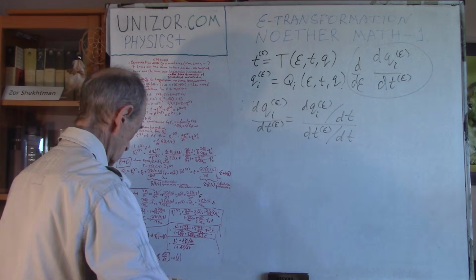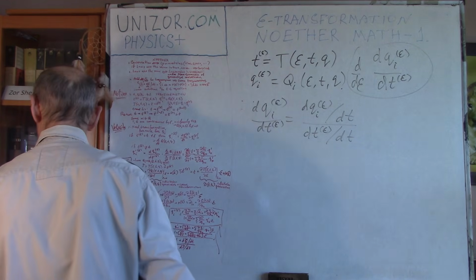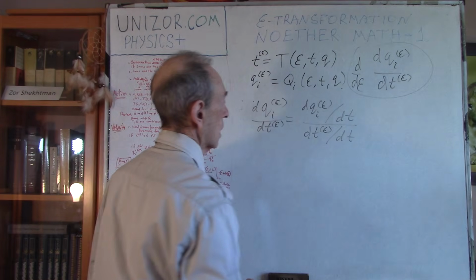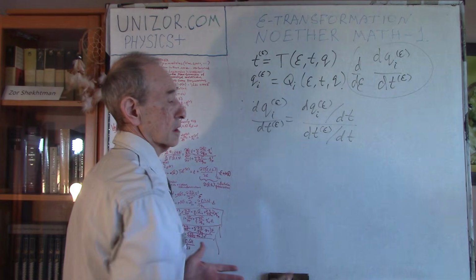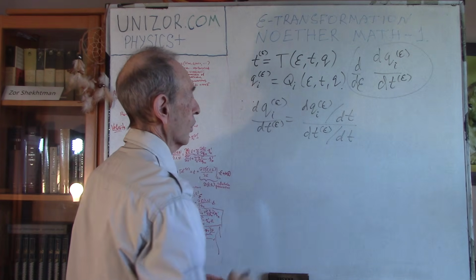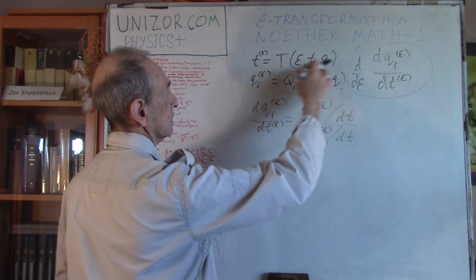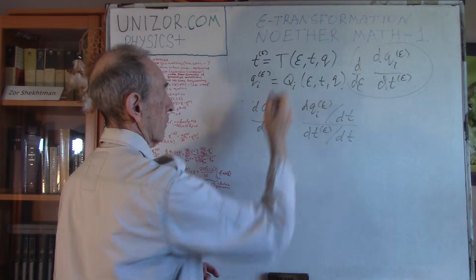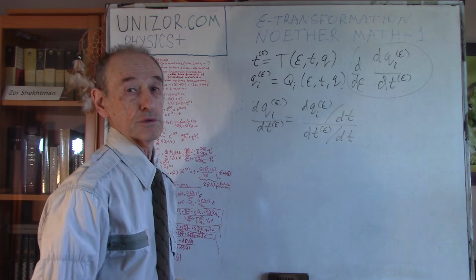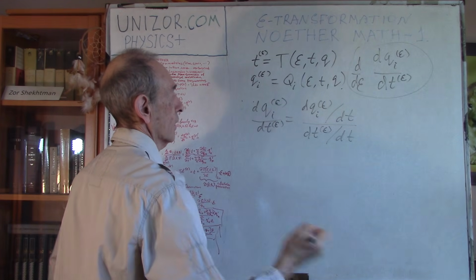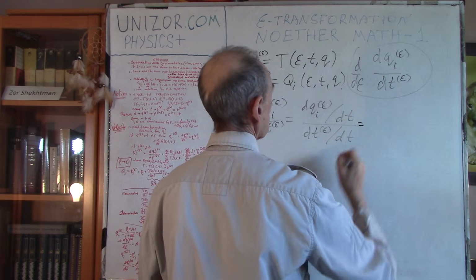Okay, this is just dividing by dt both sides, and now it becomes a little bit more palatable because now I can differentiate it using the full derivative formulas. So what is this with derivative formulas?